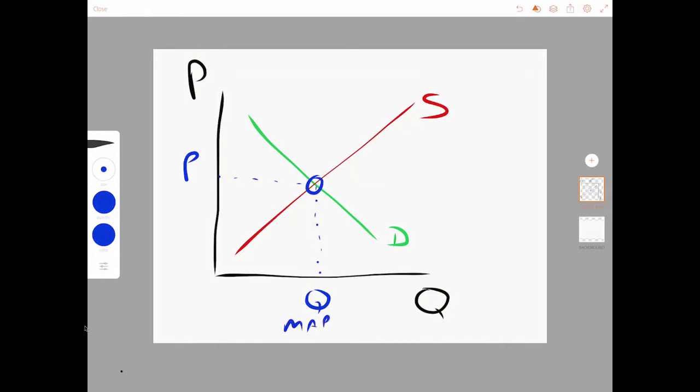So when we're looking at the market, and the intersection of demand and supply, we're setting the market price and the market quantity. And we're setting the price that the firm has to take. That's this price right here.